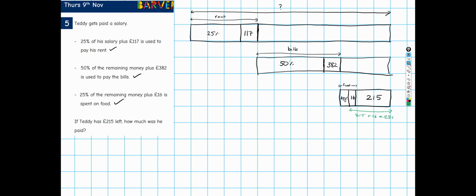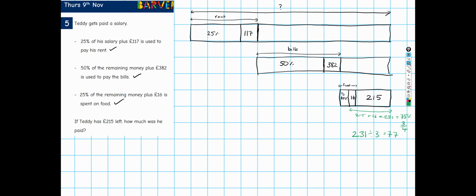Now, if this is 25% of this whole bar, then this 231 must be 75% or 3/4. So if I divide 231 by 3, I'm going to get the value of 1/4. And that is 77.